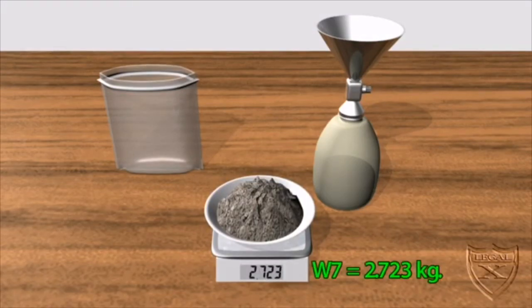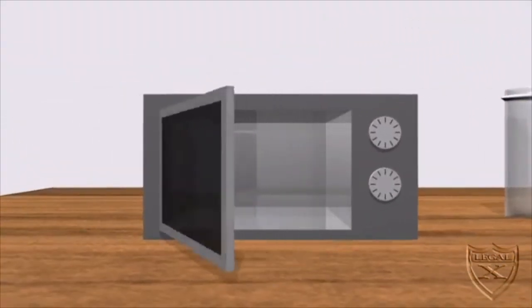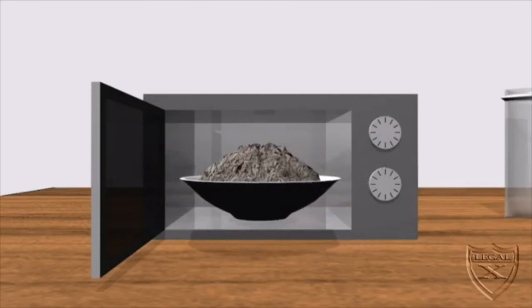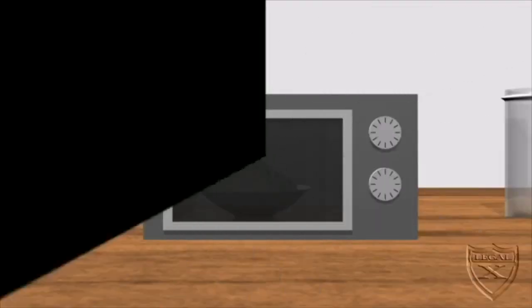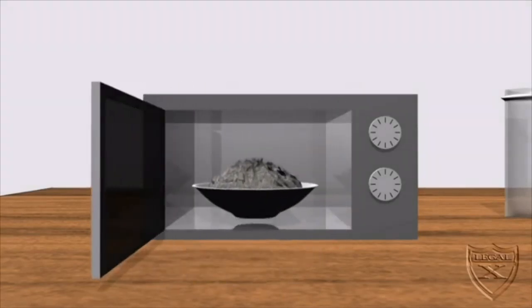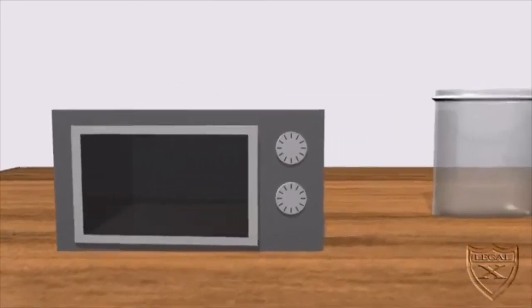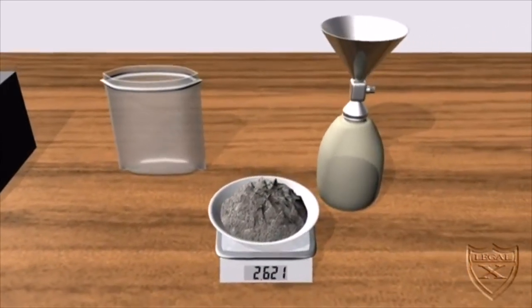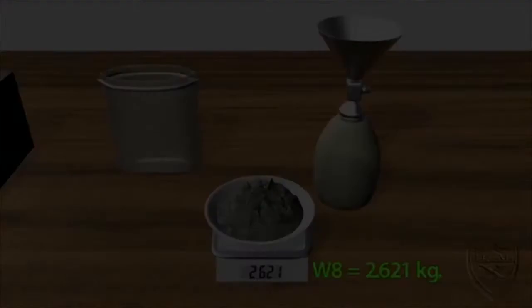This is W7. Next, we put the evaporating dish and wet soil in the oven. After 24 hours, weigh it again. We get 2.621 kilograms. This is W8. Now we have all the data we need.